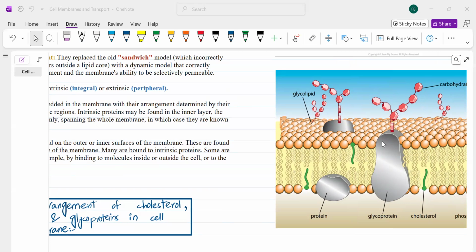Most proteins have both polar and non-polar nature, so they have those two moieties. The polar part of the protein will interact with the hydrophilic part of the cell membrane, and the non-polar part will interact with the hydrophobic part. Clear?